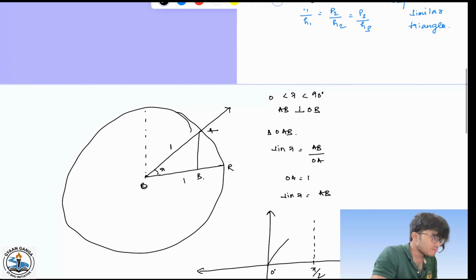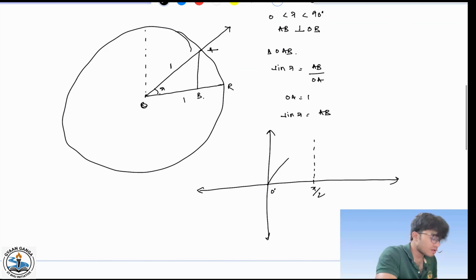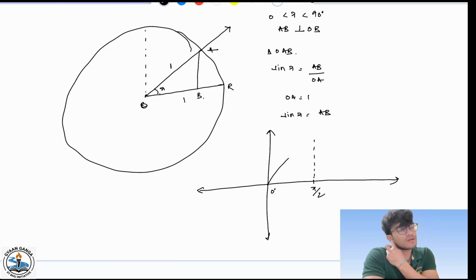So we will stop it here, and I'll further expand this graph of sine in the next video.